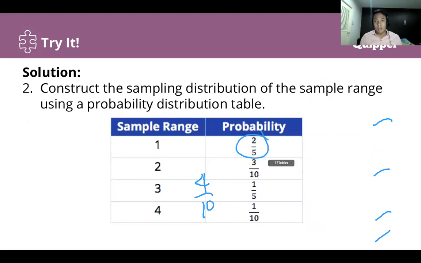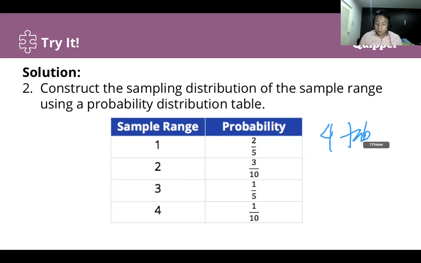Okay? That is how we can find the probability, right? We will just count how many ones are included in our sample range. So wag malilito. This one is the same as the sample mean tsaka probability. Okay? So we have 4 tables that we must do in one activity.